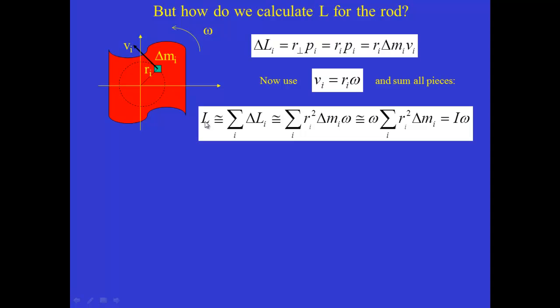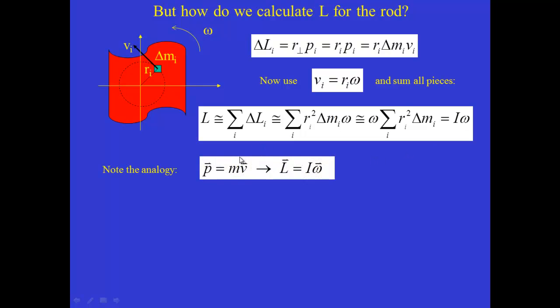So we see here for an object that's undergoing rotational motion where the axis is fixed in place, the angular momentum of that system is just the moment of inertia times the angular velocity. And this also looks like something analogous to linear motion. When we had linear motion, we wrote down that the linear momentum was mass times velocity for a particle.